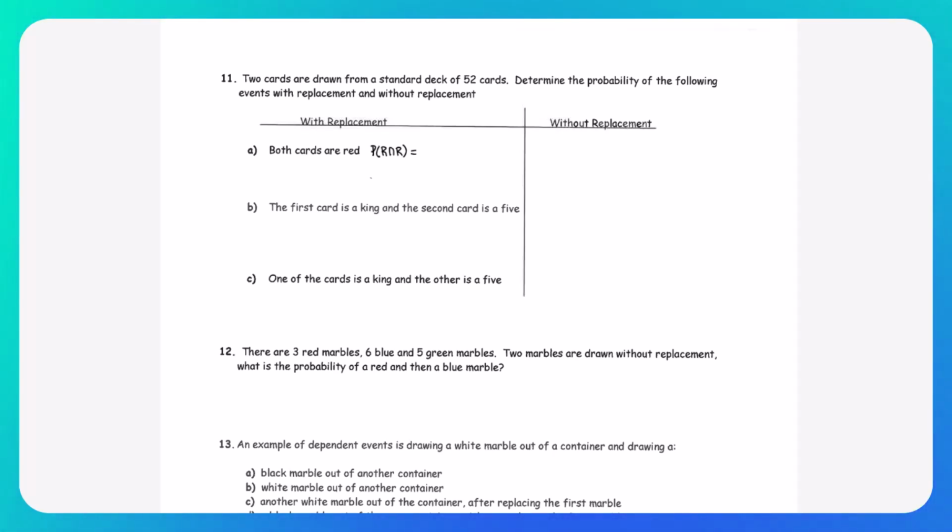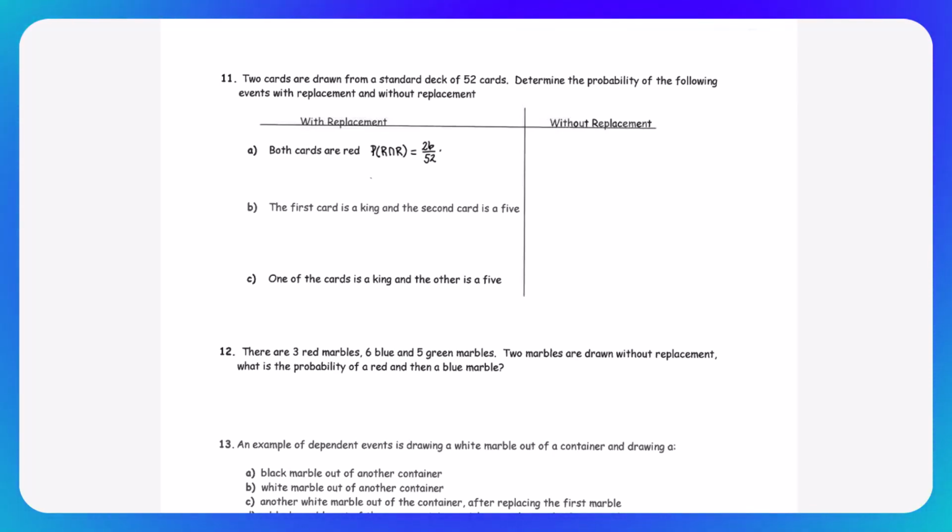Well, the probability of the first red, well, how many reds are in a deck of cards? Well, half the cards are red. Now you can write it as a half if you want, or you can say, well, there's 13 cards in each suit and 2 suits are red. So there's 26 cards out of the 52 that are red. You can write it like that. Now we're replacing the card back.